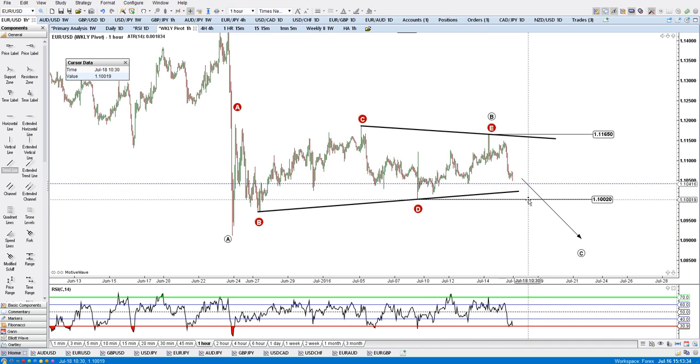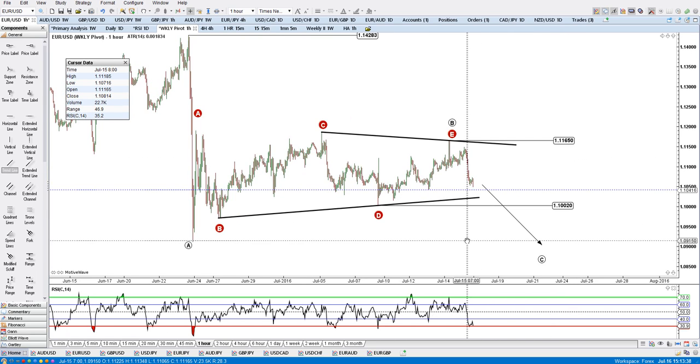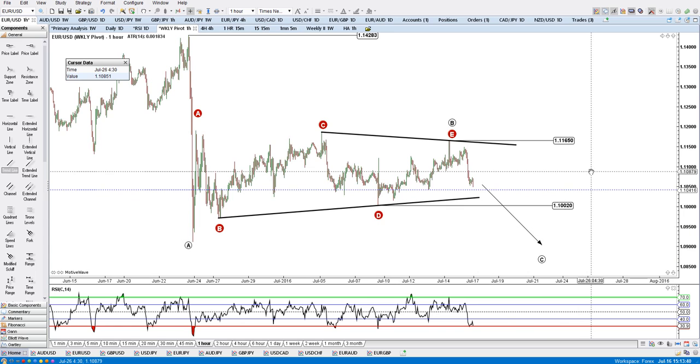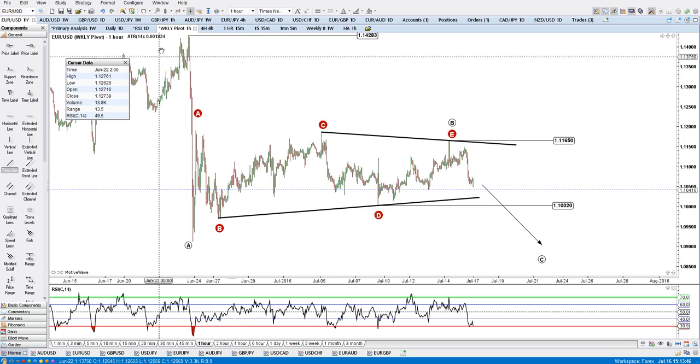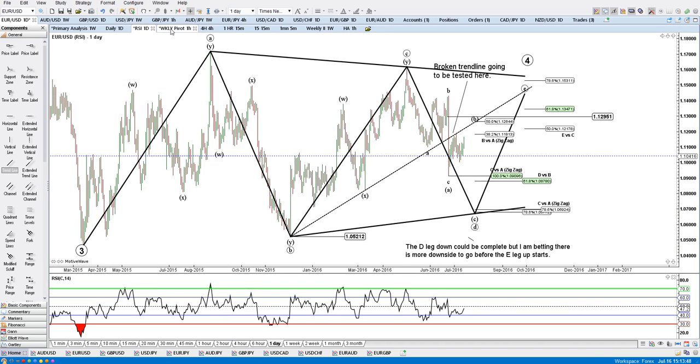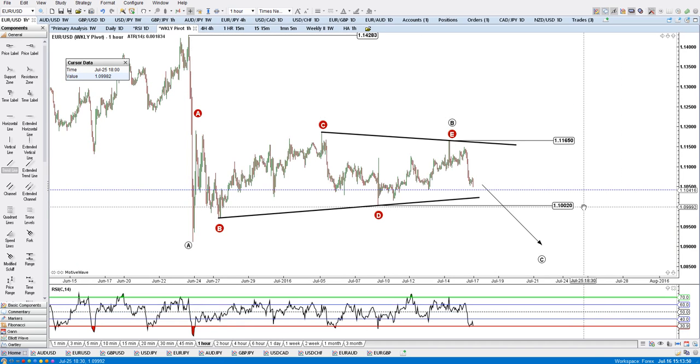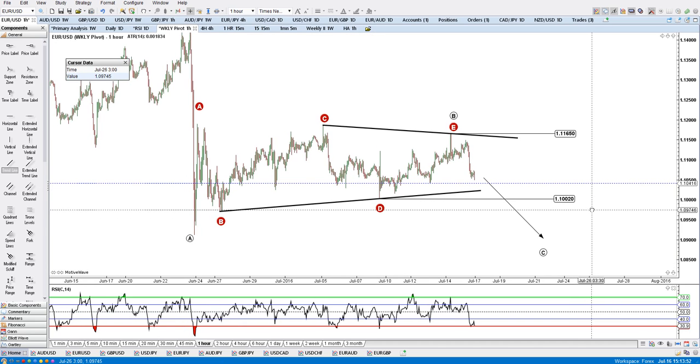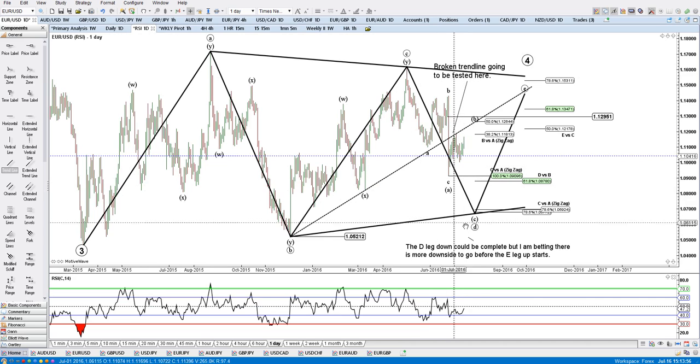You need a 4 and a 5 here, then 3 waves back up for a 2 before a blower. So I'm looking at above 1165, then we're going to go up to that, 1295, below 1.1, and we're going probably a lot lower, down maybe into the 1.07s.